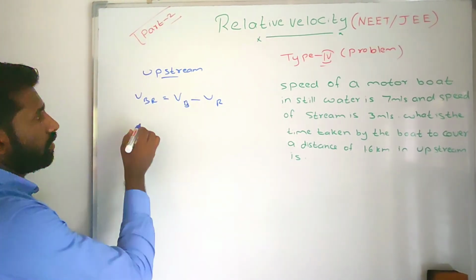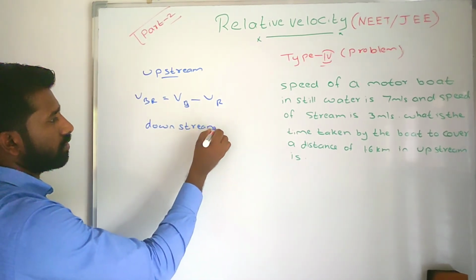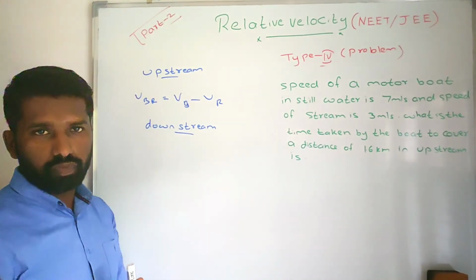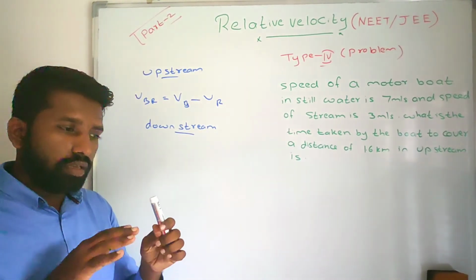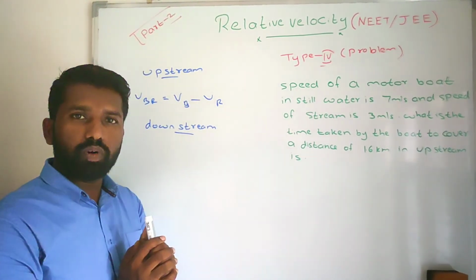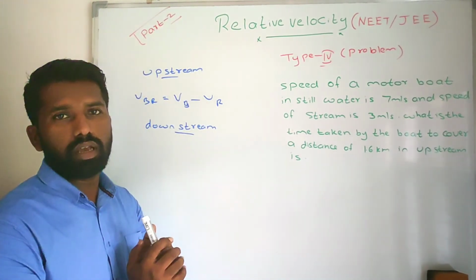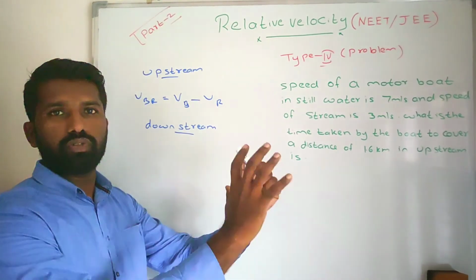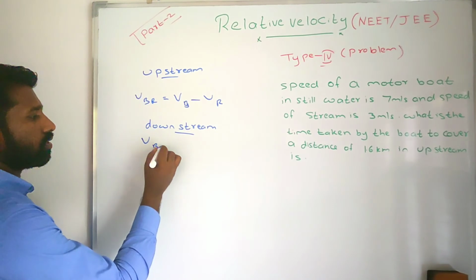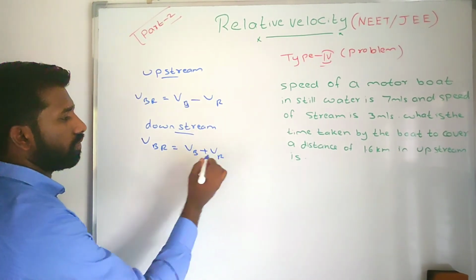So in upstream we can calculate the relative velocity as the velocity of the boat minus the velocity of the river. What is downstream? Downstream means the river flow is along the direction of the boat flow. If the boat is moving, the river is also moving, so the velocity of the boat will increase, because the boat gets an extra push from the river. So the velocity of the boat with respect to the river is the velocity of the boat plus the velocity of the river.